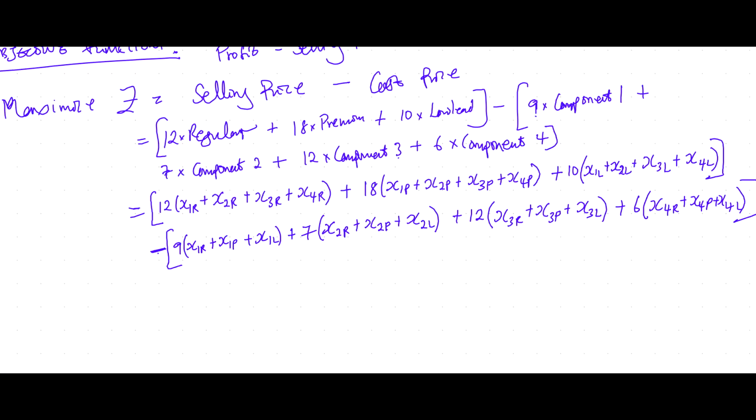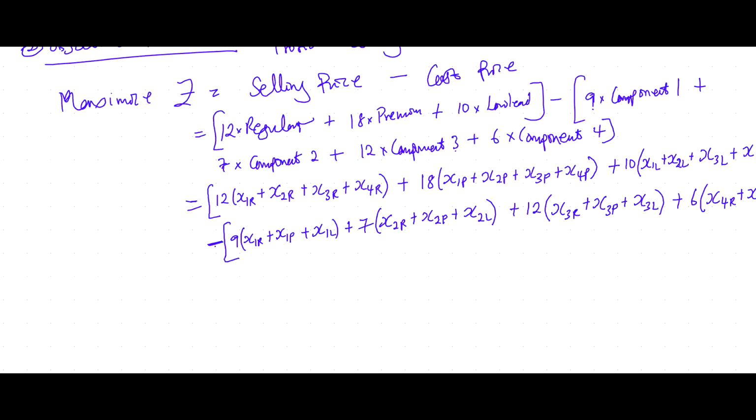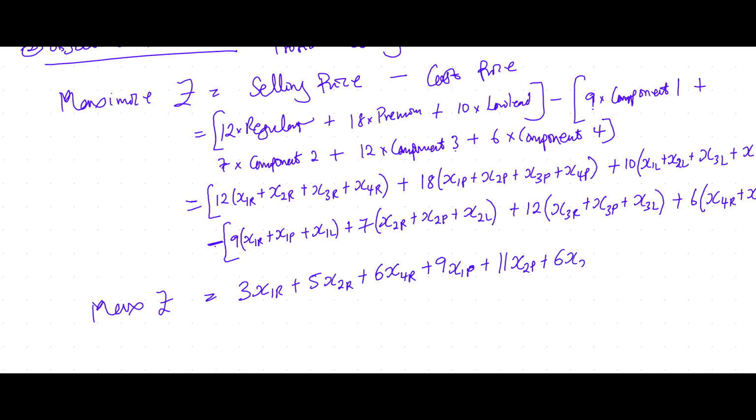So max Z is, if you have to calculate this, you are going to have 3x component 1 regular 1 plus 5x component 2 regular 1 plus 6x component 4 regular 1 plus 9x component 1 premium plus 11x component 2 premium plus 6x component 3 premium.